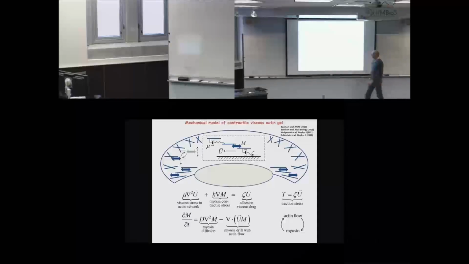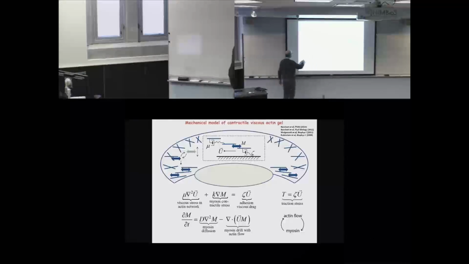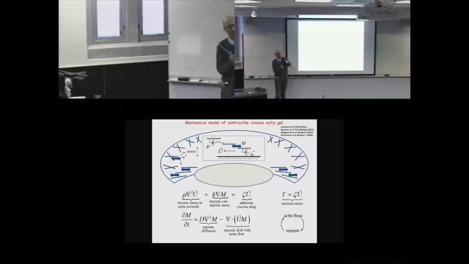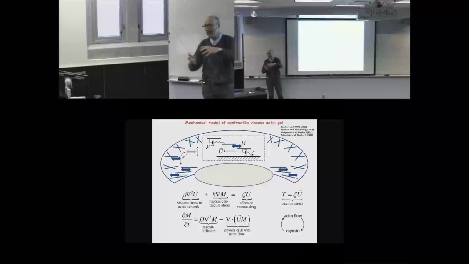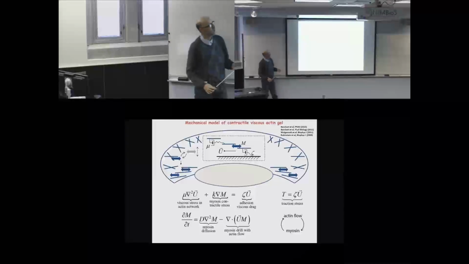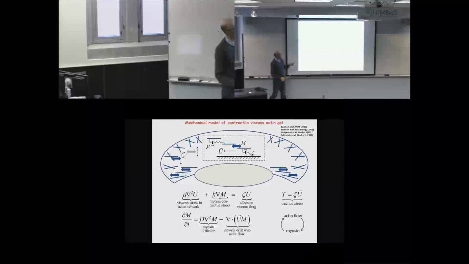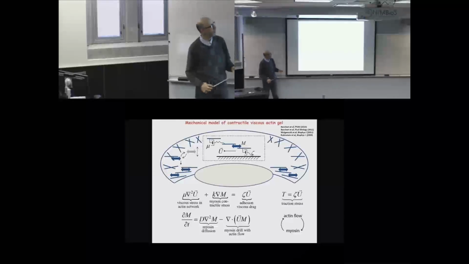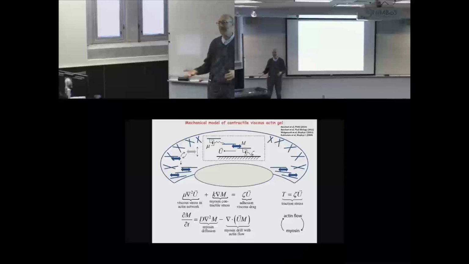And so if you take any small chunk of actin-myosin network, there are three main forces. One is passive forces due to deformations of the actin network. So if you try to shear it, it resists. If you try to compress it, it resists. And lots of biophysical experiments showed that, roughly speaking, on the time scales that interest us, which is tens of seconds and minutes, actin network behaves like a very viscous fluid, like honey or molasses.